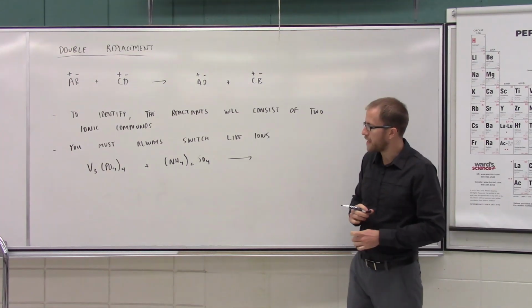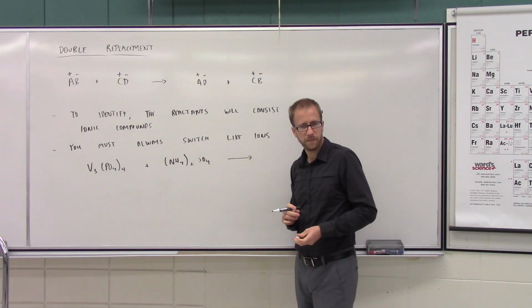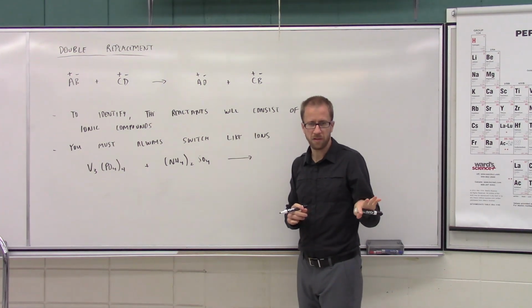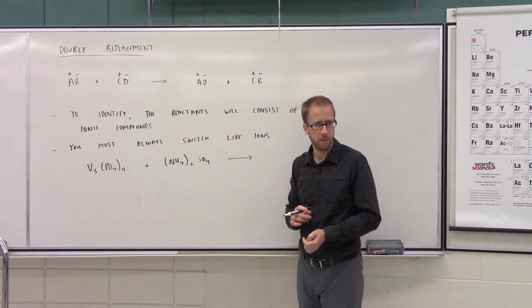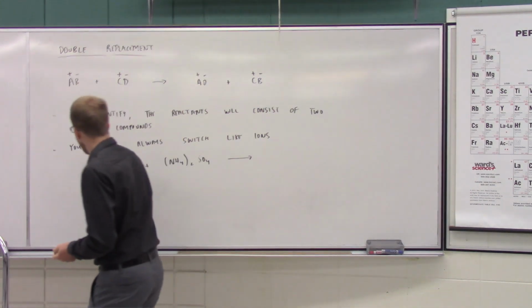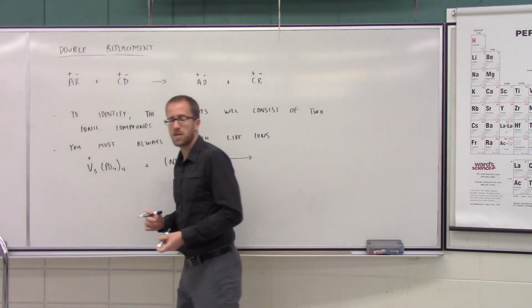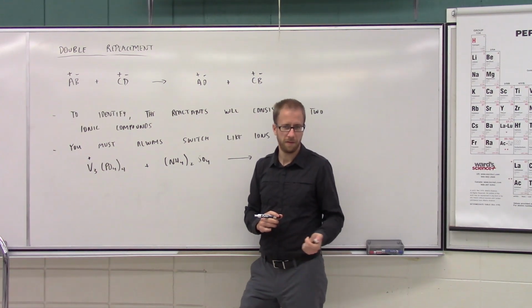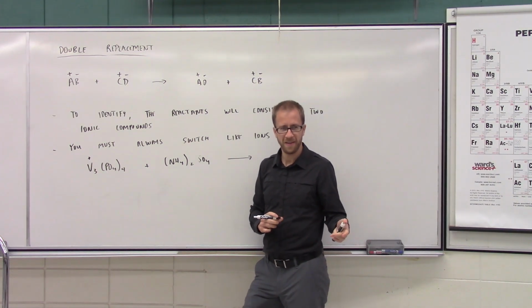So what charge does vanadium have? I don't care about the magnitude right now, just is it positive or negative? It's positive. And positive. What about phosphate? Come on, you guys know it, what is it?